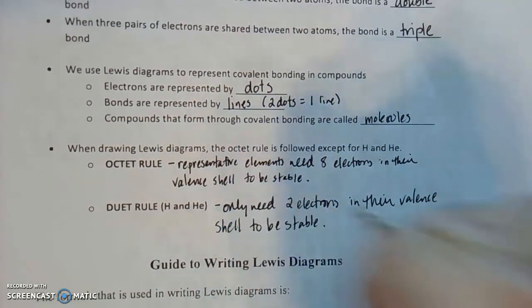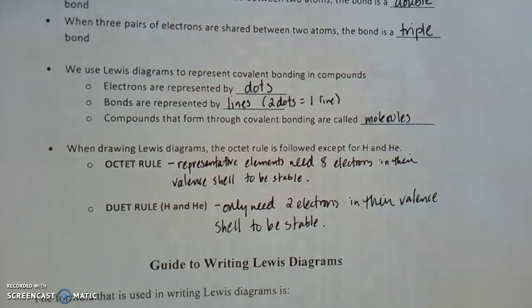Both of these are going to be really important when we start talking about writing Lewis diagrams for covalent compounds. So the next video, we'll go over these rules and how to do it.